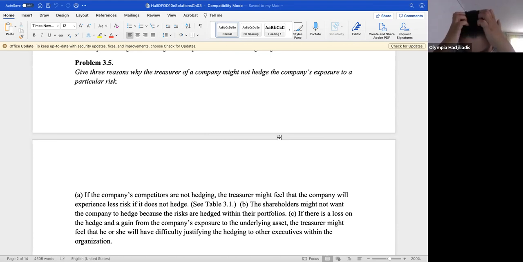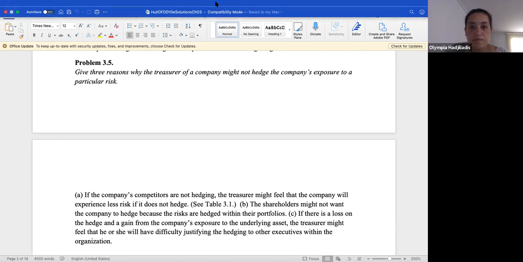The company that was hedging actually ended up having more risk than the companies that were not hedging. So that's table 3.1. Then the second reason is that the shareholders might not want, well, we can actually go to table 3.1 and just remember what we saw there.